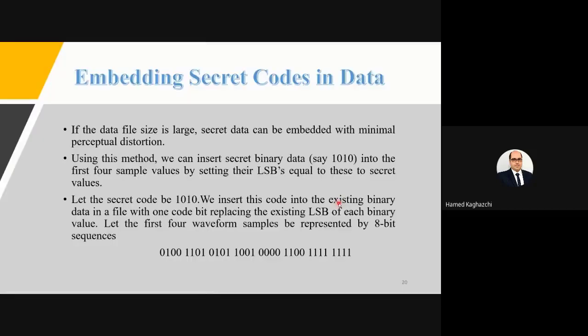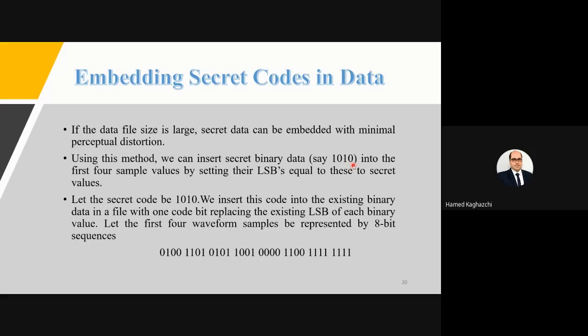Now, I want to show you how we can embed the secret code in a data file. Suppose that we have a secret binary data like 1010. This is our secret binary data that we want to embed inside of our digital data file.